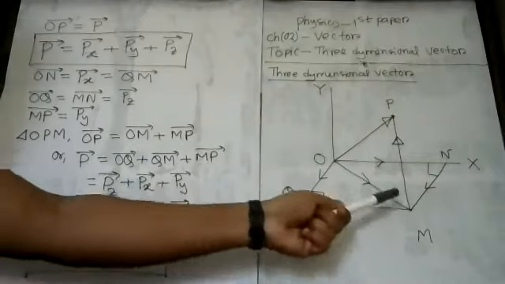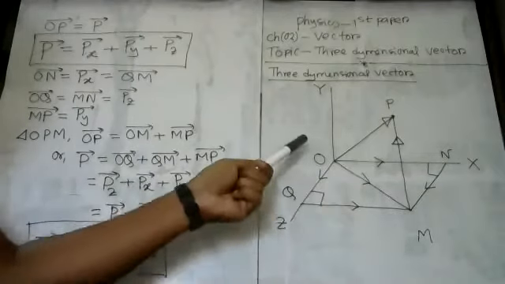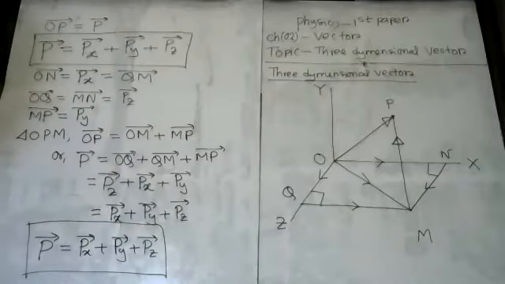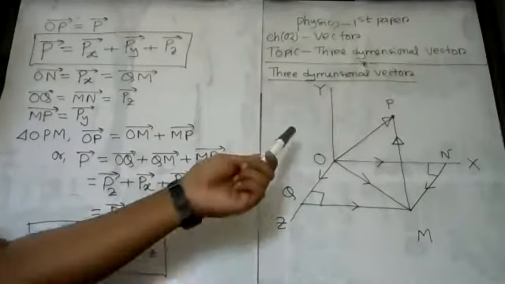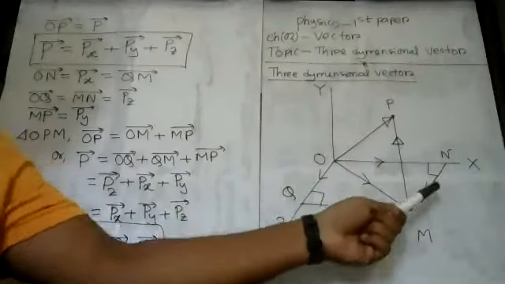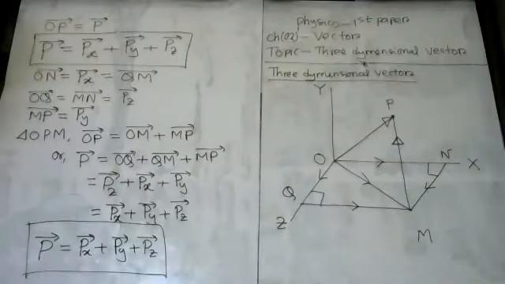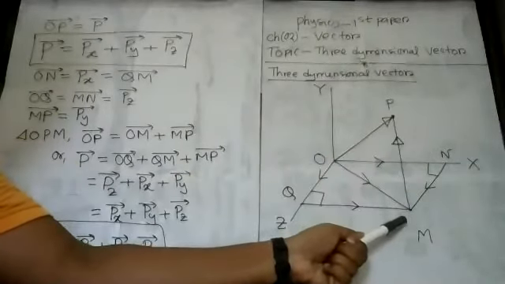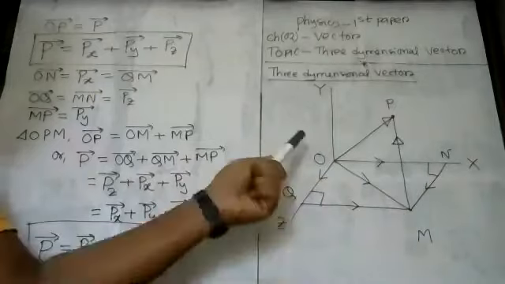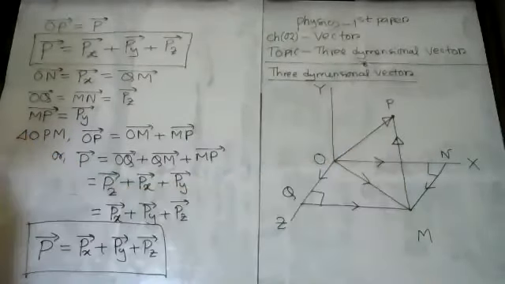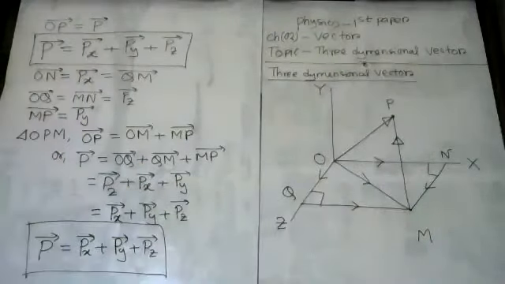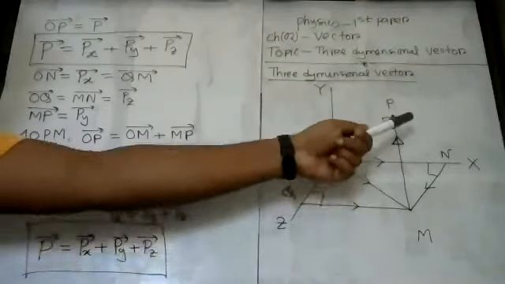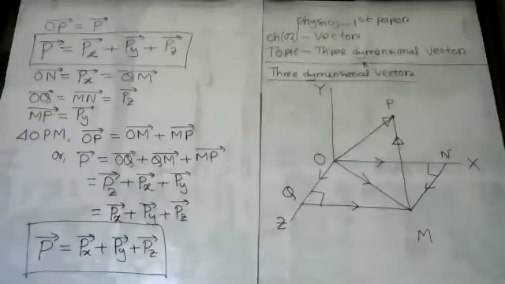If you want to write it another way, suppose ON plus NM, this you can also write. In this case, ON is the X component, and NM is the Z component here.